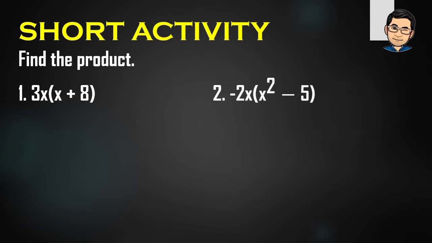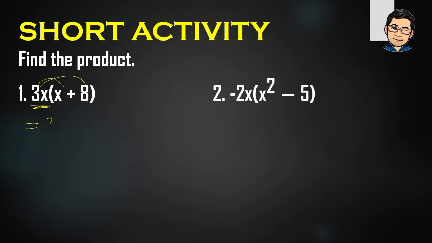Importante kasi na alam nyo to kasi mahihirapan kayo sa quadratic equations kapag mahina yung foundation nyo dun sa mga previous lesson. For example, number 1, 3x times the quantity of x plus 8. Para kunin ang product niya, i-distribute lang natin ang 3x sa terms na nasa loob ng parenthesis. That is 3x times x.